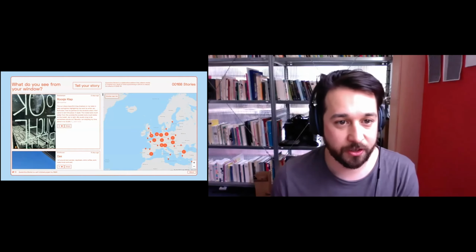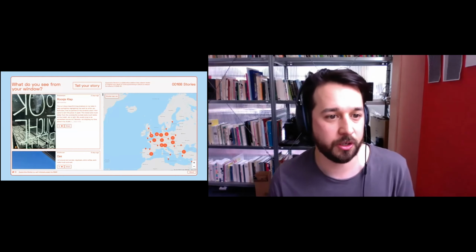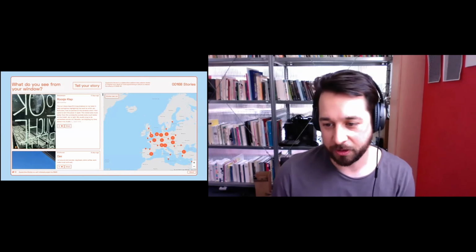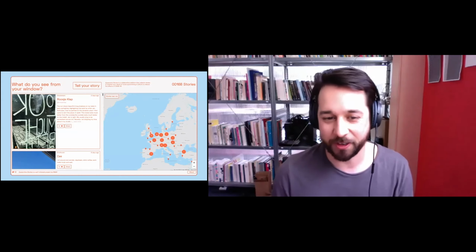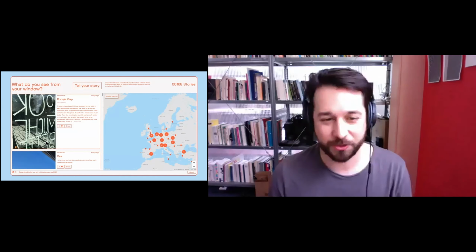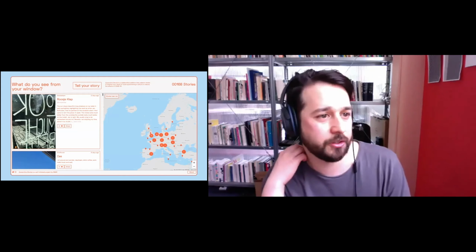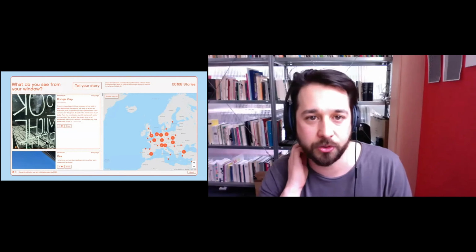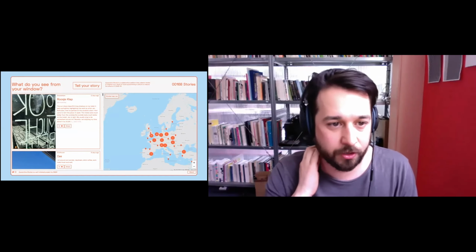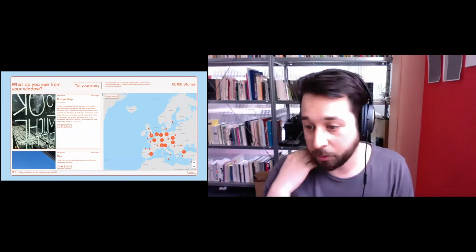So instead, as an experiment for ourselves, and also to see how much of our thinking is still applicable in a world without physical interaction, we made this platform where we ask users a simple question: what do you see from your window? People were invited to upload a picture and write a short story, and we would map this out.